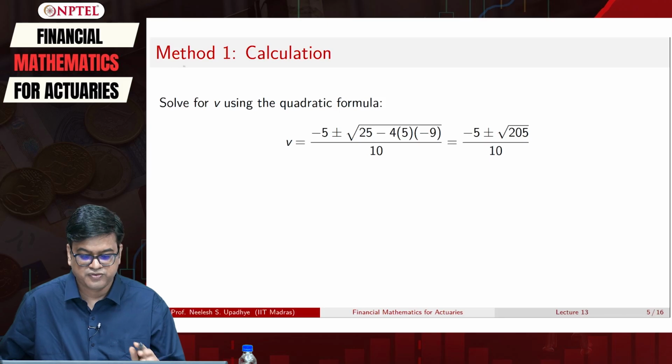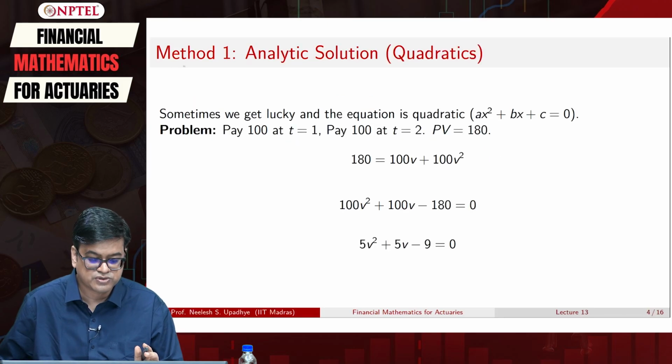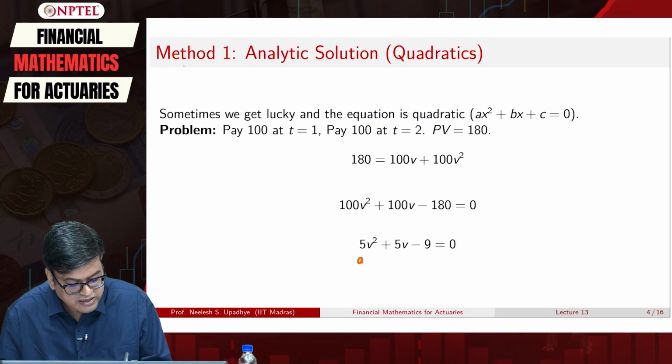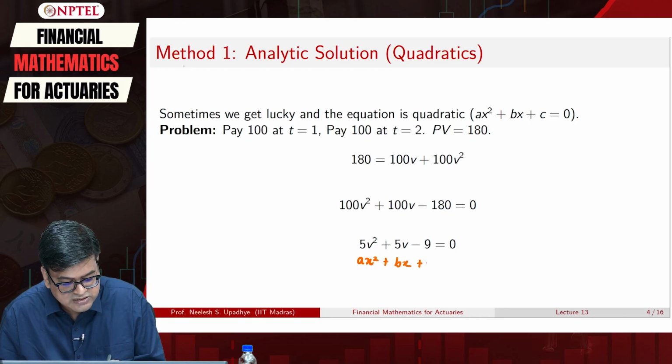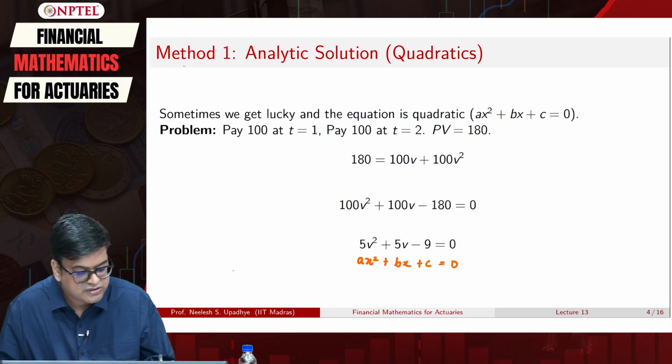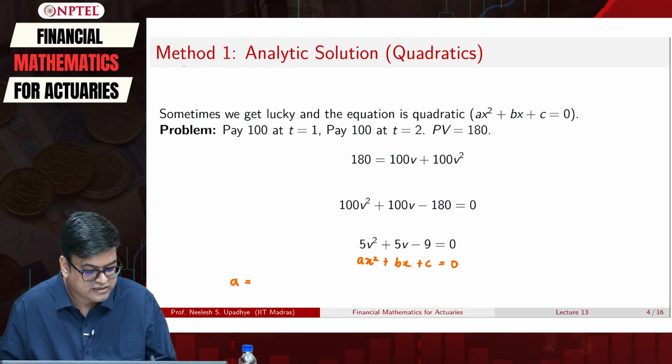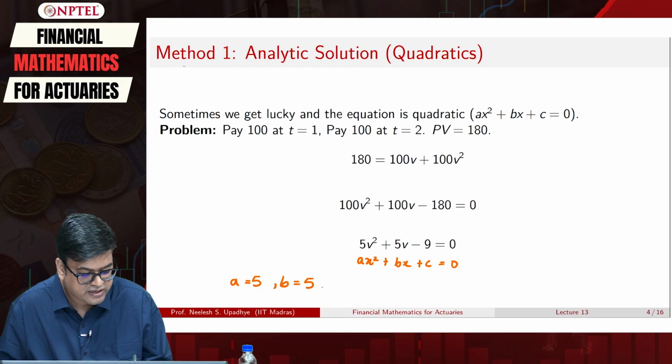So my a is equal to 5, b is equal to 5 and c is equal to minus 9.